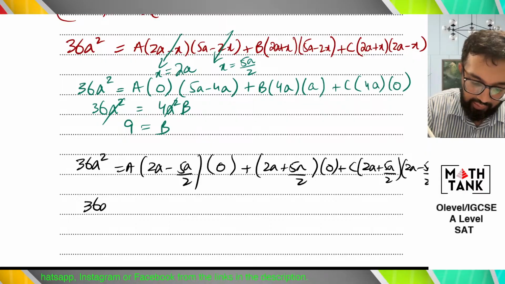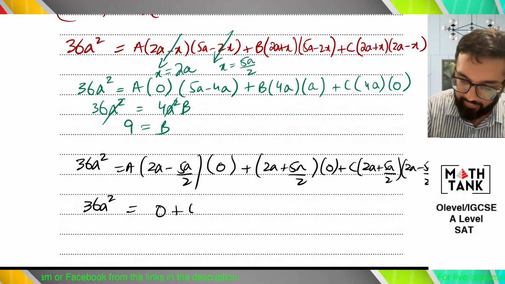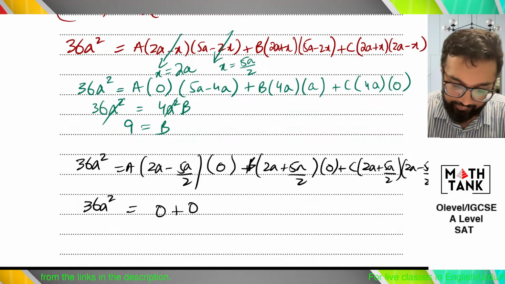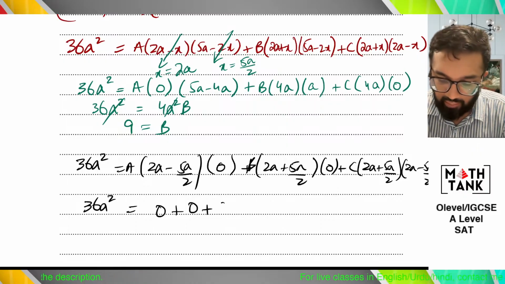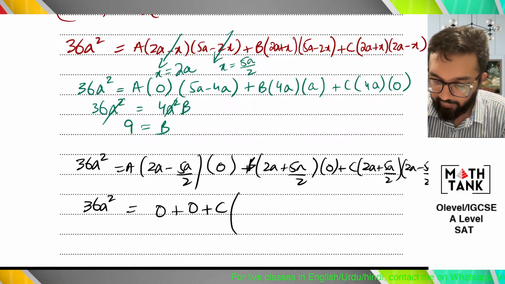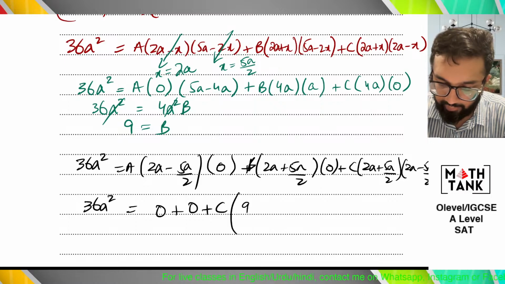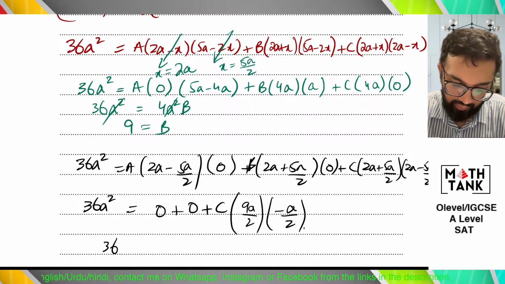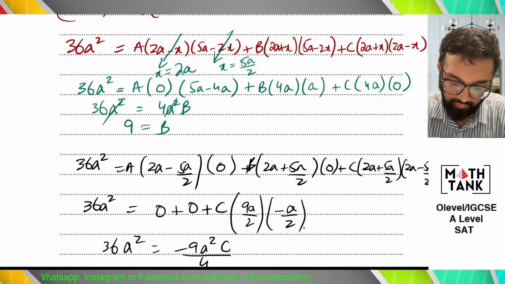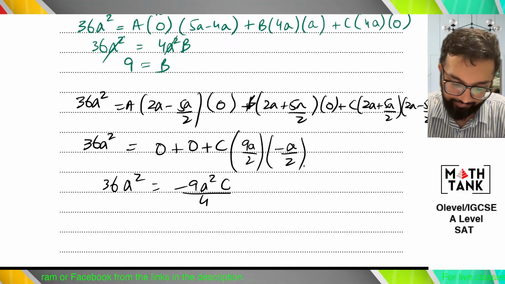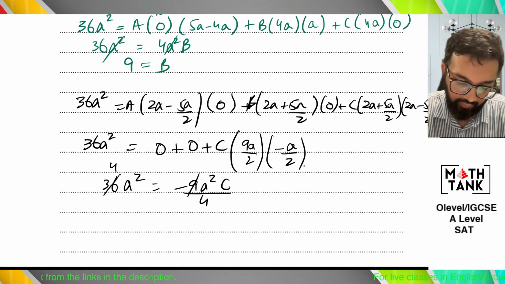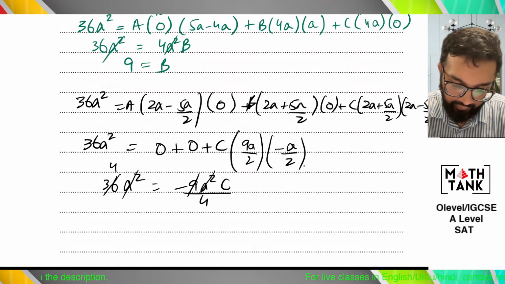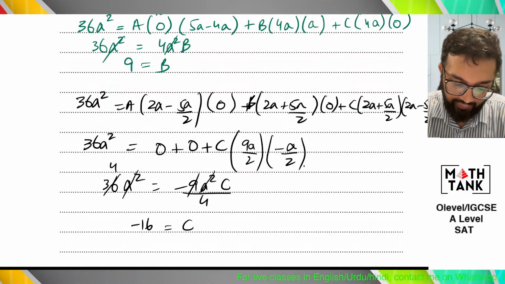So 36a square, 0 plus 0. And C is going to be 9a over 2 and minus a over 2. 36a square minus 9a square C over 4. So C is going to be minus 16.